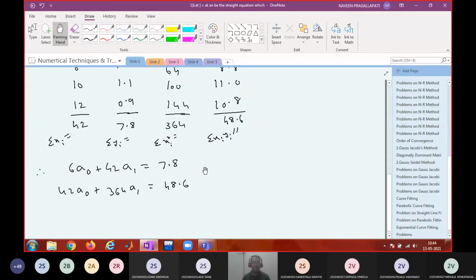Every time input the value and press equal to: 6 equal to 42 equal to 7.8 equal to 42 equal to 364 equal to 48.6 equal to. When you input these values in the matrix, what are the values you will get? Please tell me.